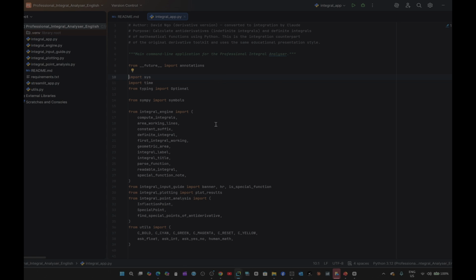When you are talking about Python, for this app to work we have so many sections here. The intro app is the main one. This is another component called the engine. Intro engine and intro input guide; you can see the guide already. Intro plotting provides the graphical result. Intro plot analysis analyzes the result. This is really the guide on how to use it. This one is Streamlit, I put Streamlit in here.